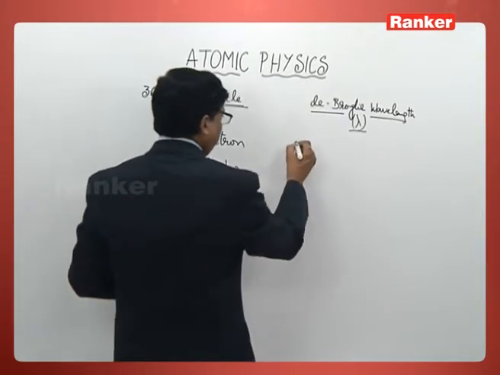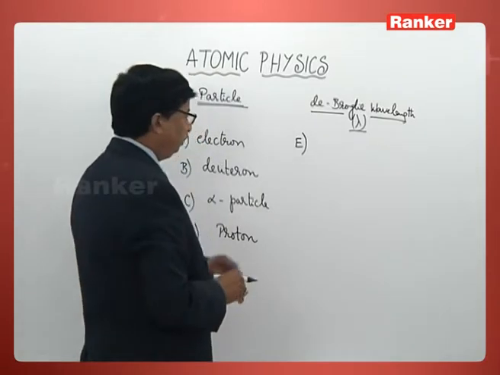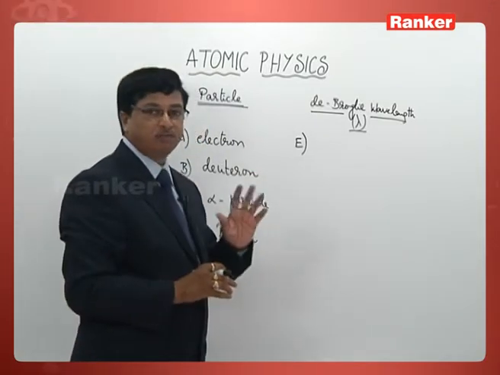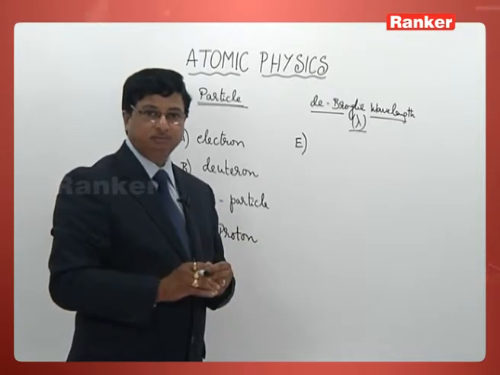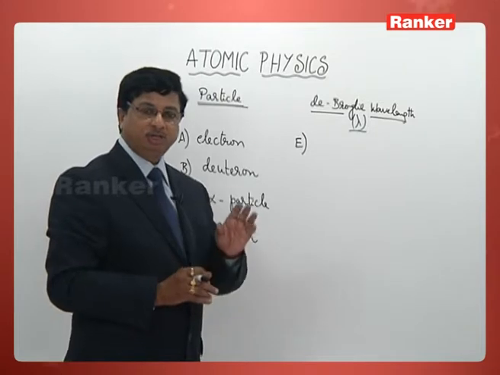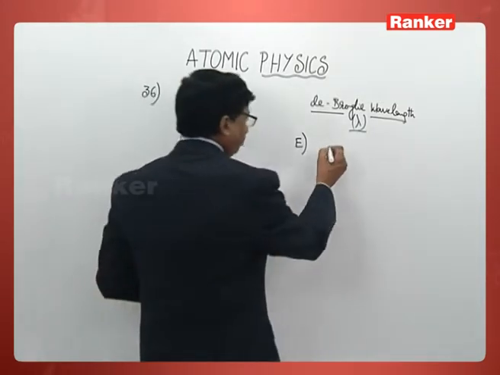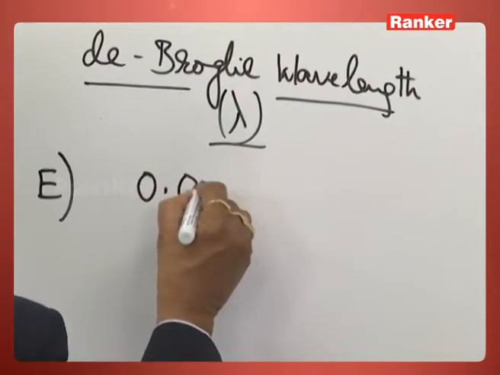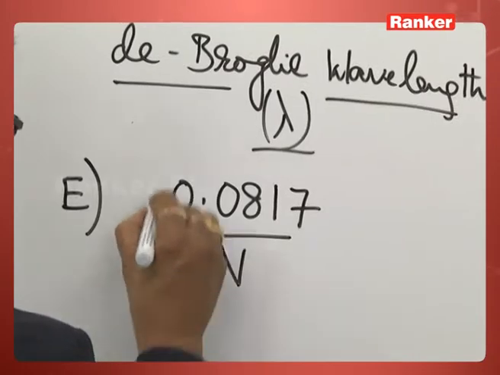Next, the corresponding de Broglie wavelengths: he has mentioned four different values. He has not given the total value because V will be a variable there. So he has given a simple form like 0.0817 by V under root.